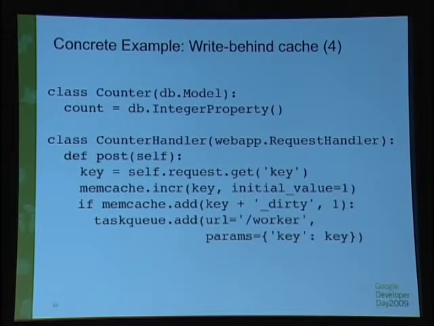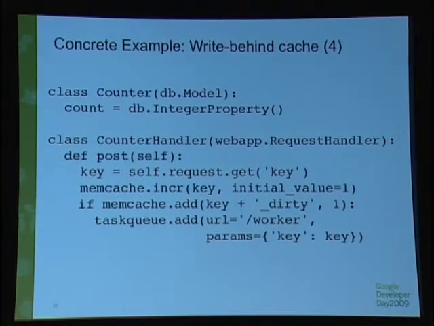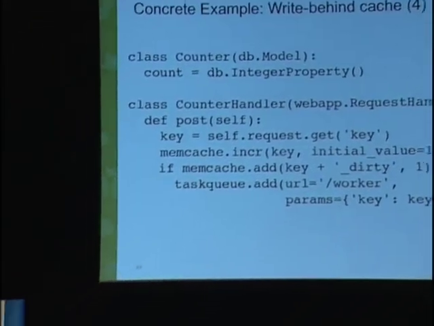So when the post comes in, we get the key name. We do a memcache increment and say, hey, if it's in there, increment it by 1. If not, then give it an initial value of 1. So there's a nice default in memcache now. And then once we've done that, we try to do a memcache add of a key.